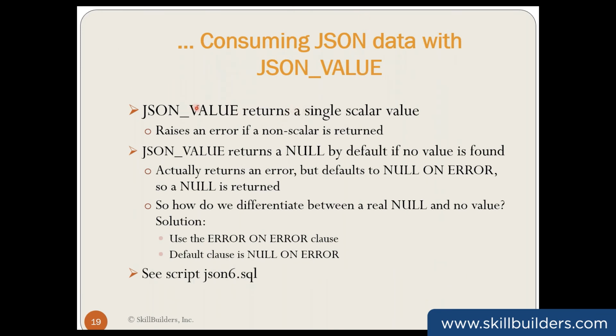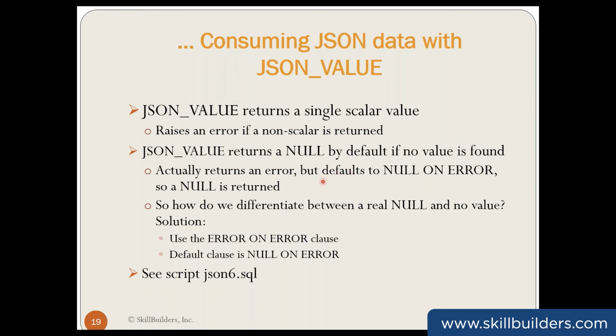If you use JSON_VALUE and you're supposed to drill down to a scalar value, but you don't go down far enough and what would be returned is not a scalar, Oracle raises an error. You have to go all the way down to a number or a character string or date or Boolean or whatever. JSON_VALUE returns a null by default if no value is found. Let's say you want the second element in the array, index 1, but there is no second element like our employee.